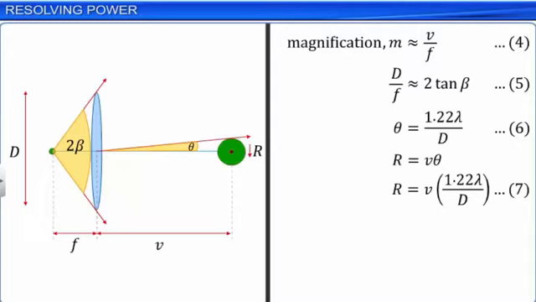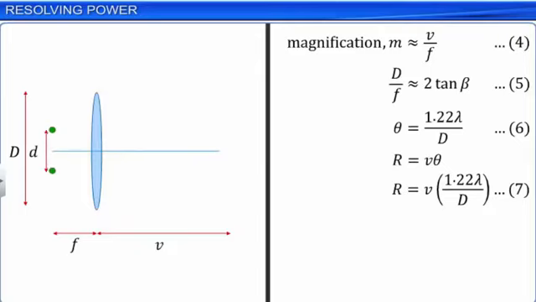If we have two objects separated by a small distance d before the objective of the microscope, we observe two diffraction patterns corresponding to the two images. As the separation between the two objects decreases, the distance between the two images also decreases.